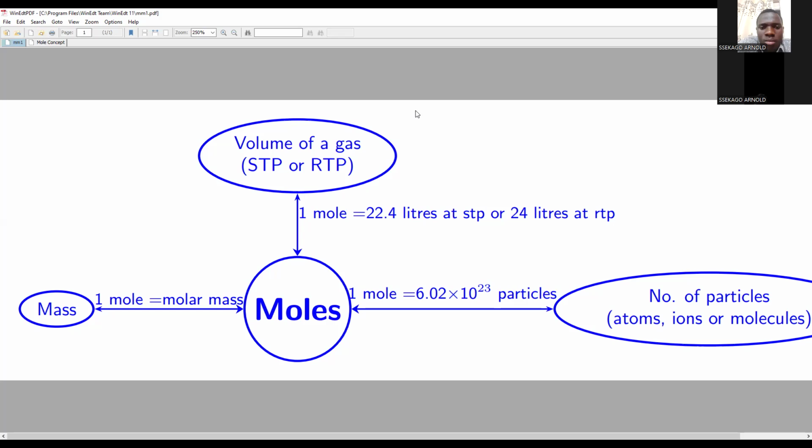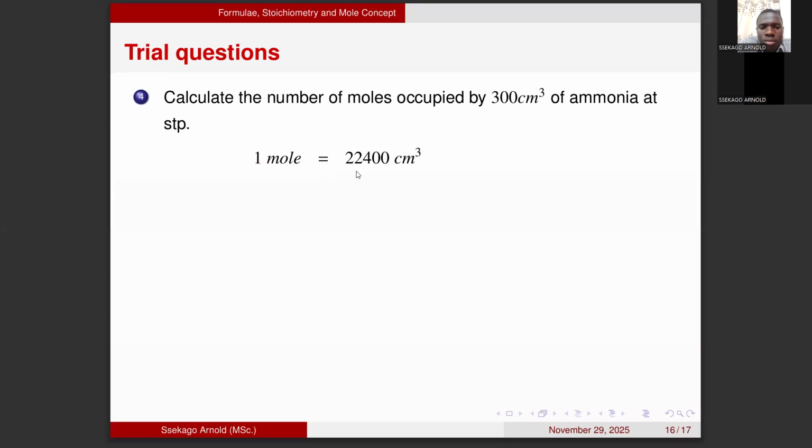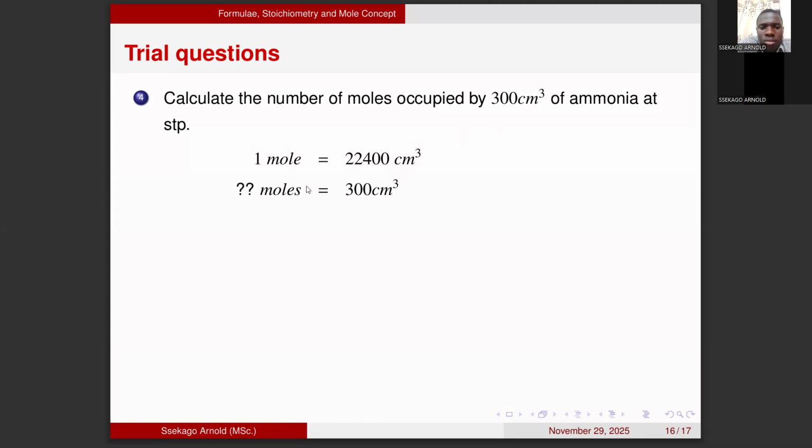Going back to my presentation, we shall have 1 mole is equal to 22,400 centimeters cubed, since the item has volume in centimeters cubed. So I ask myself, how many moles?